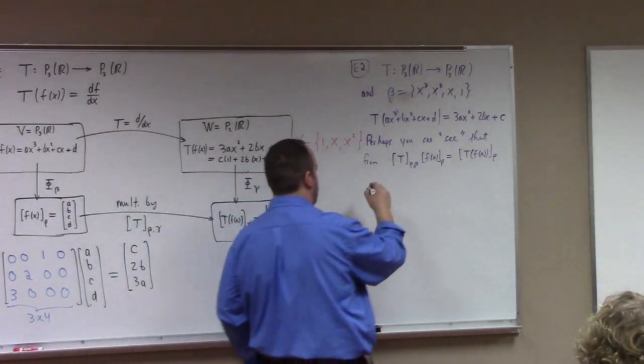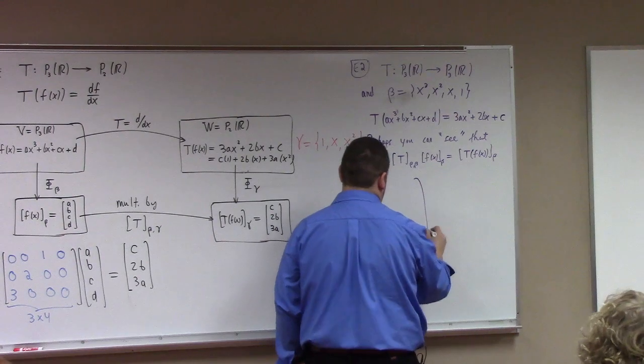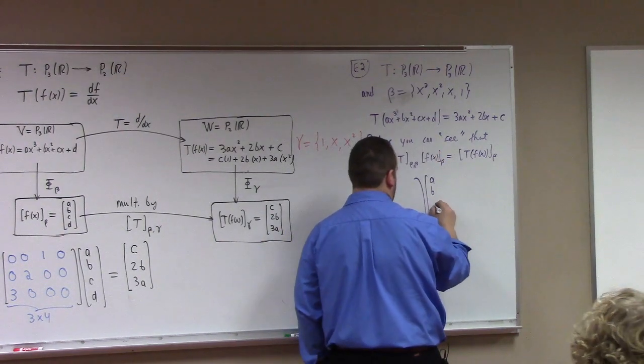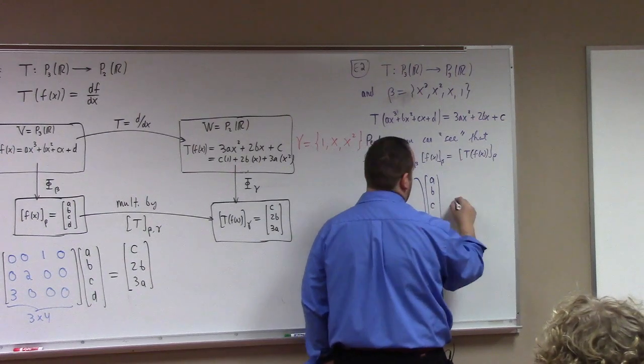Let's see here. We're trying to figure out what that matrix is. What's the coordinate of the input? a, b, c, d. What's the coordinate of the output?